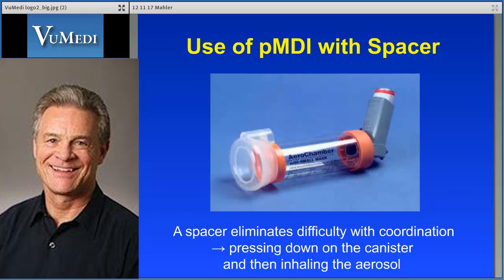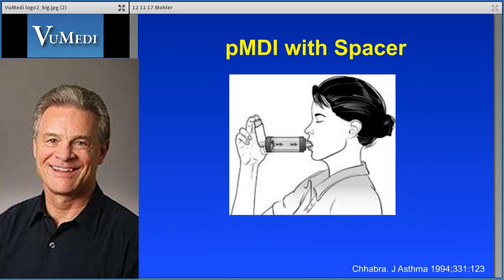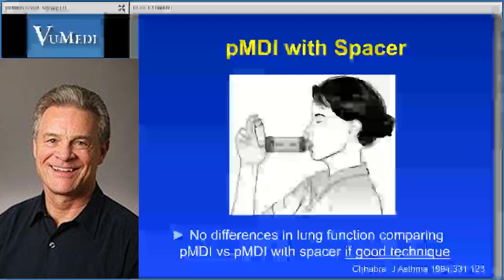The metered dose inhaler may also be used with a spacer or holding chamber. The benefit of a spacer is that it eliminates difficulty with coordination, that is, pressing down on the canister and then inhaling the aerosol.